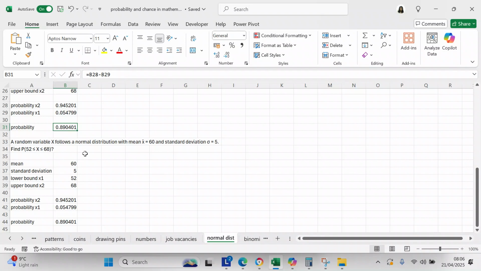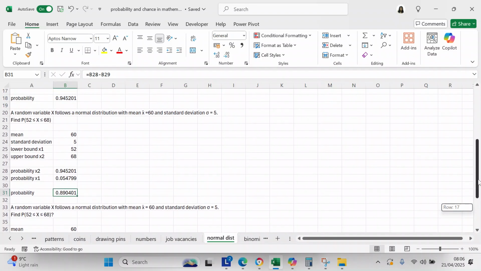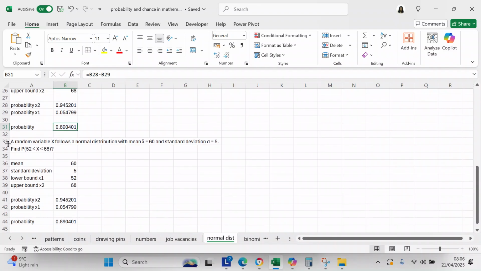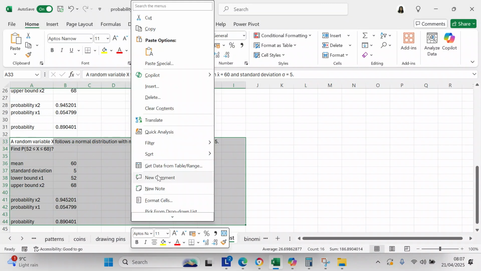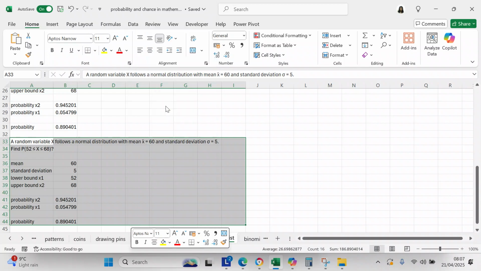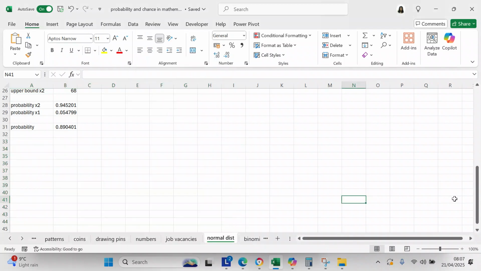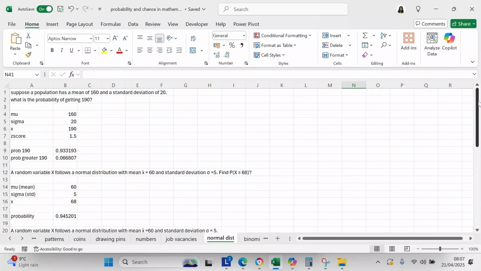So I'm not going to do that because it's exactly the same. There's no point going over exactly the same material two times. But one of the assessment questions is exactly what was in the course material, so we just deleted that. So that's it for the normal distribution.